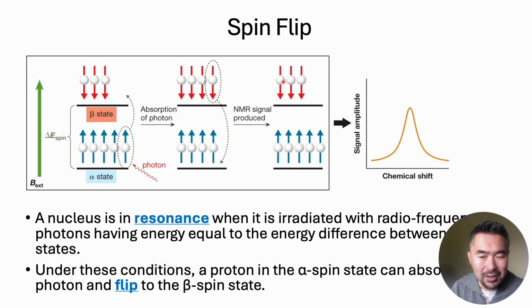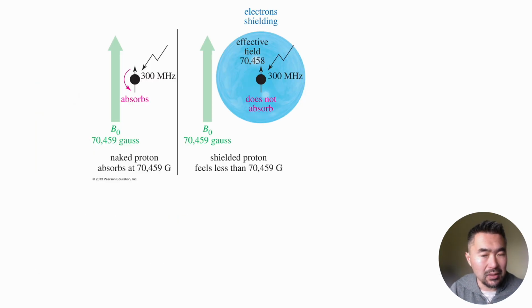That's just how it is with nature. It just goes back to that statistical distribution. And when it does, it releases some radio frequency, and that's what we can observe as an NMR signal. Okay, so that's what that is.